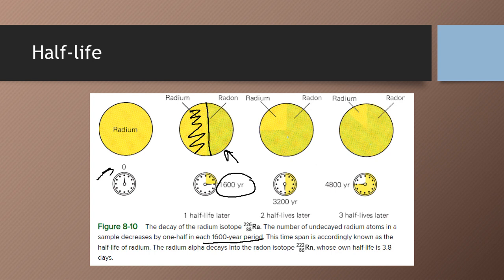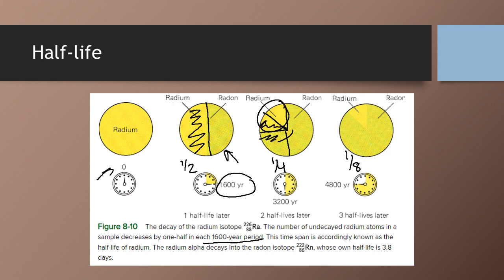After another 1,600 years, half of what's left over decays, leaving only this much radium, 1/4 left over. After that, half of the 1/4 decays, and you're left with 1/8.